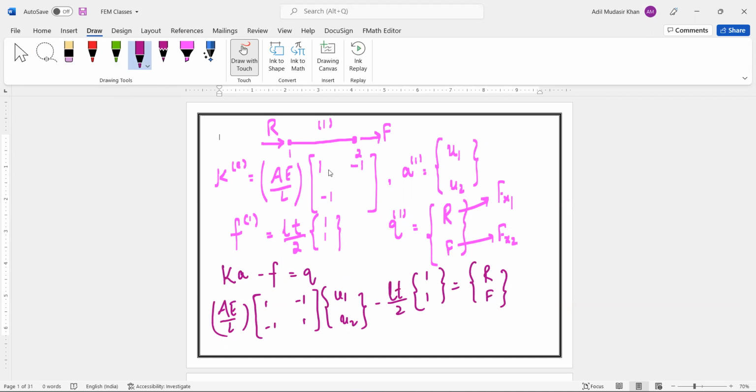Okay, since if we look at this problem, it is fixed over here, so it's quite evident that U1 is equal to 0.